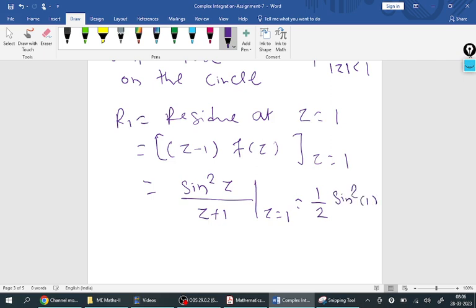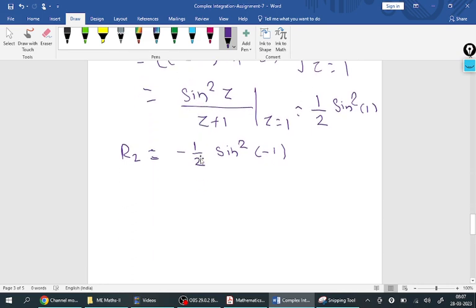Similarly, R2 is exactly similar: minus 1 by 2 sine square of minus 1. But remember, sine of minus 1 is minus sine 1 because we have that property, but two times that is coming. So this will come as minus 1 by 2 sine square 1 only. Remember, sine of minus theta is minus sine theta, but the two sine functions are there, so 2 times minus sine becomes plus again. So R1 is 1 by 2 sine square 1, R2 is minus 1 by 2 sine square 1.